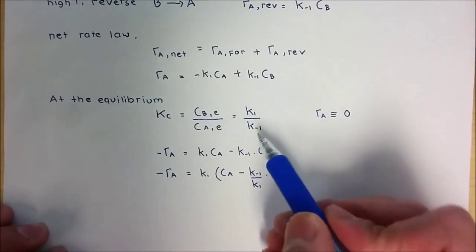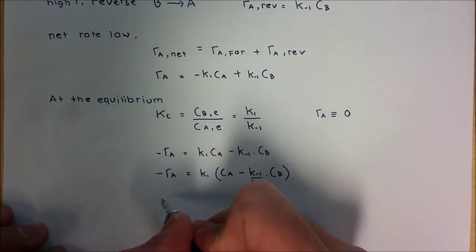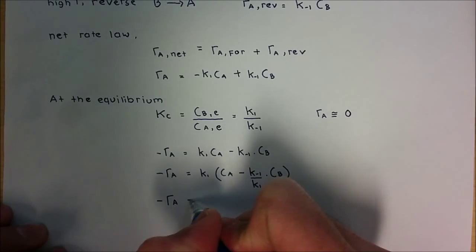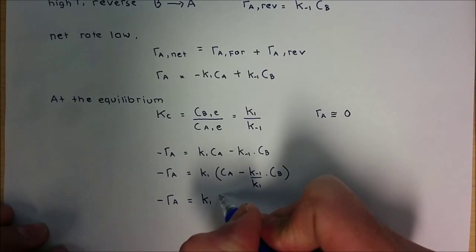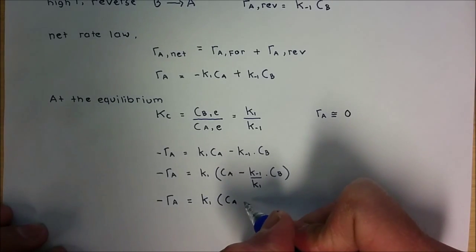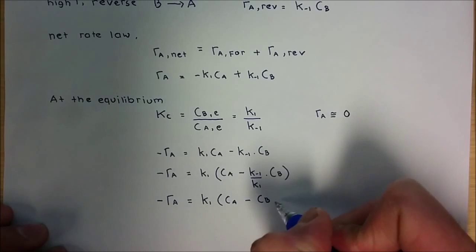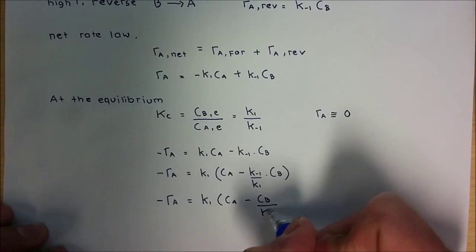And then based on the equilibrium constant definition, now we can write negative RA as K1 times CA minus CB over KC.